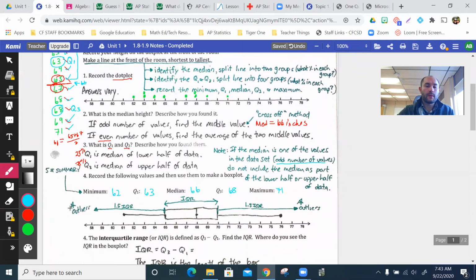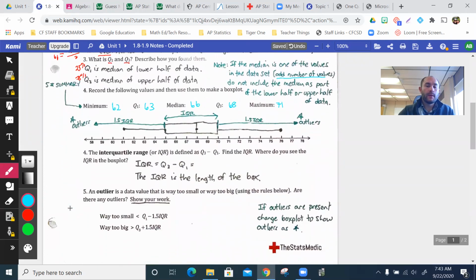I'm going to draw my box plot over this one here, and we'll do similar markings. So 62 would be my minimum. Then 63, that would be one end of the box. We have this whisker right here that goes to that box.